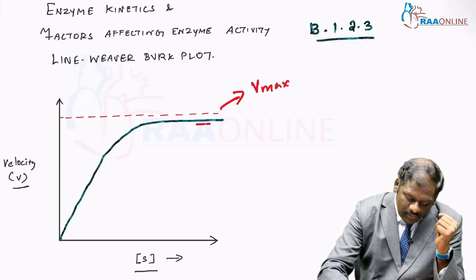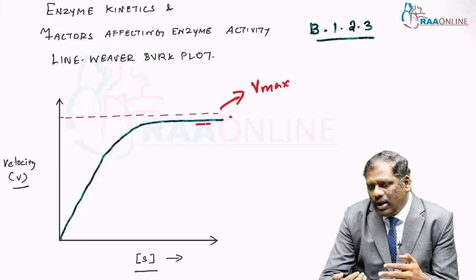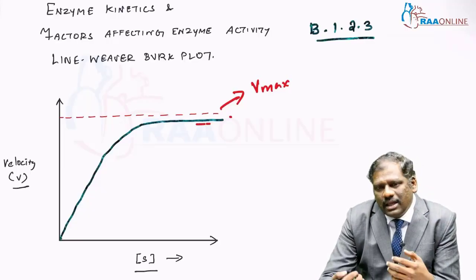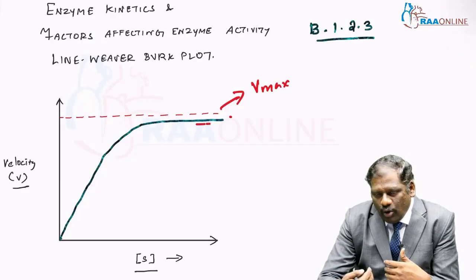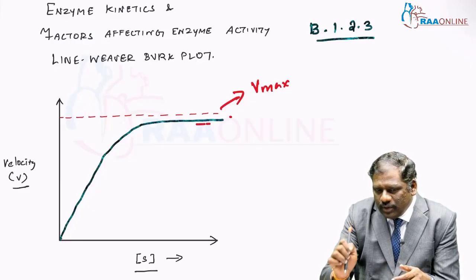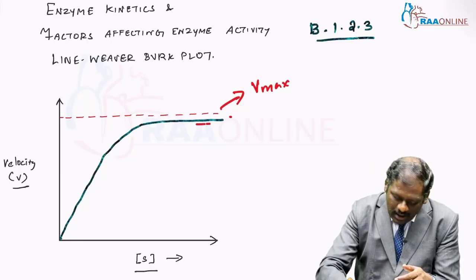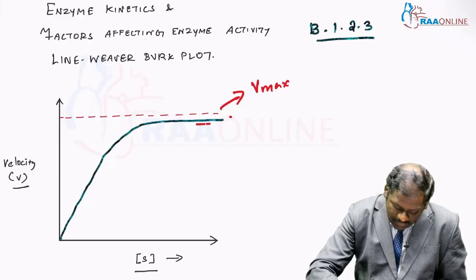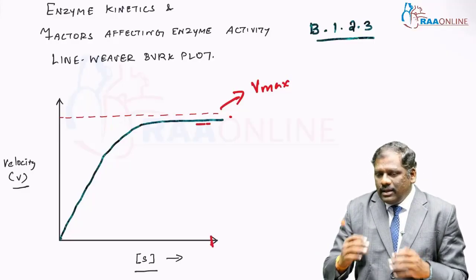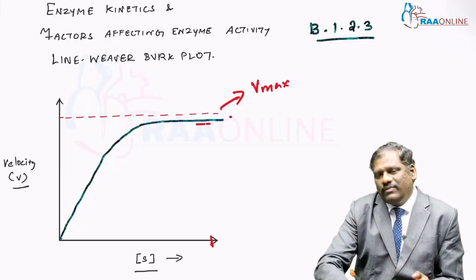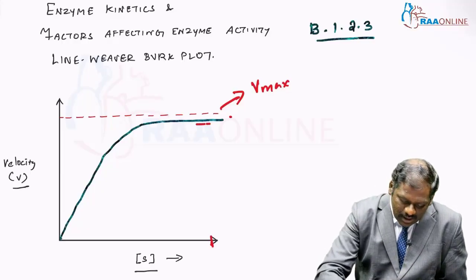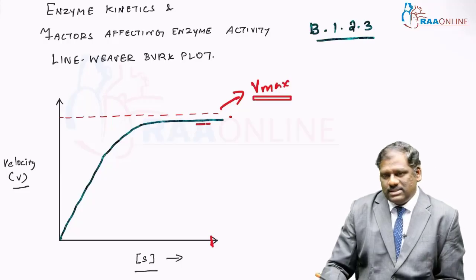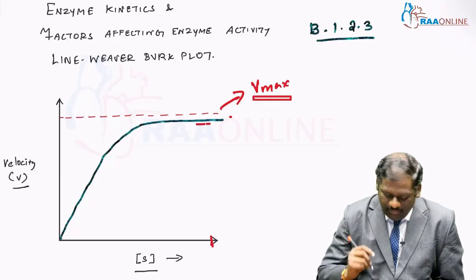This is the meaning of this. Okay, the velocity of this reaction is not going to change at all, even if you increase the concentration of the substrate further than this plateau level. You get the point? So this is the maximum velocity. This is called Vmax. You get the point? Fine.